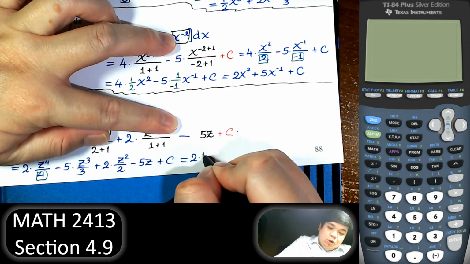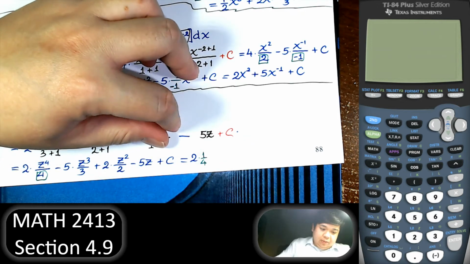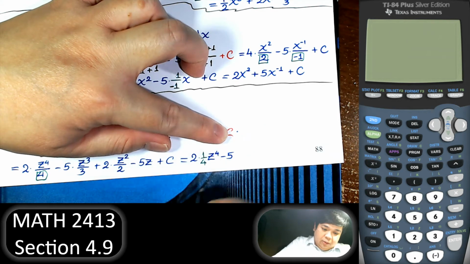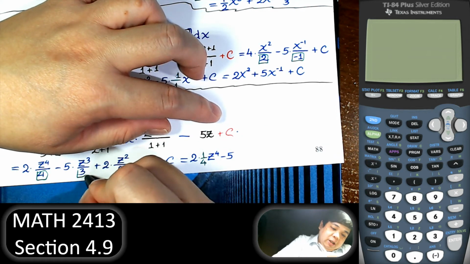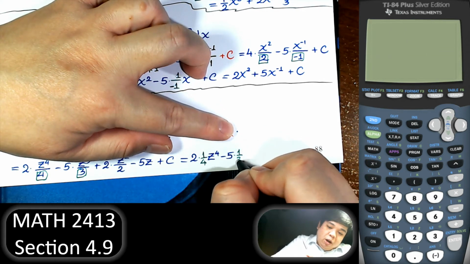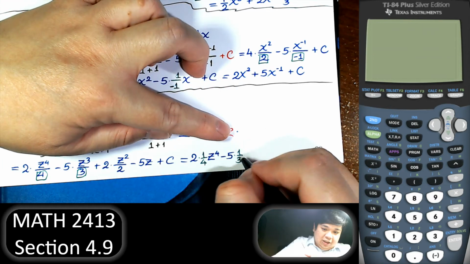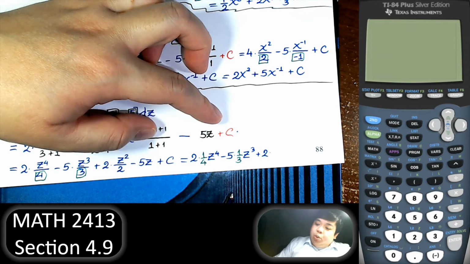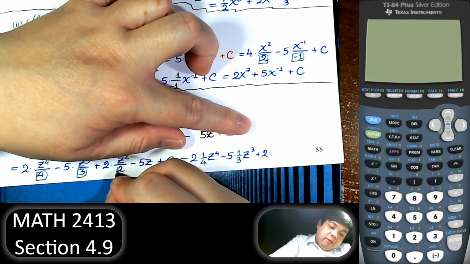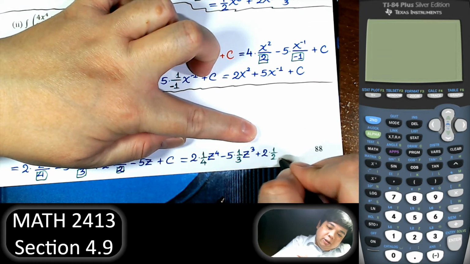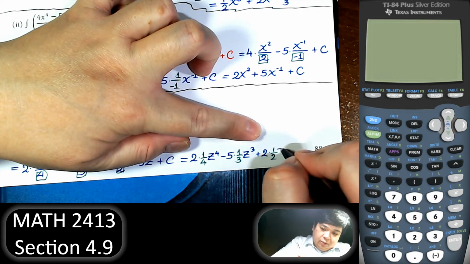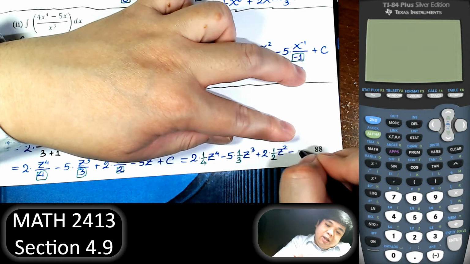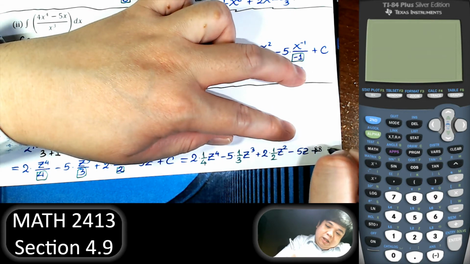Divide by 4 is multiplied by 1/4. Divide by 3 is multiplied by 1/3. Divide by 2 is multiplied by 1/2. And then minus 5z plus c.